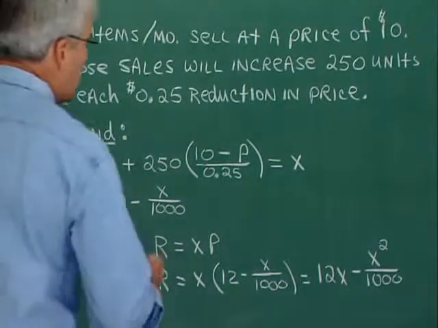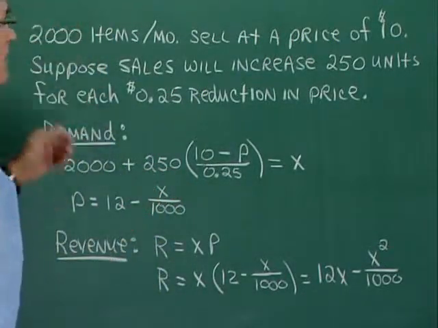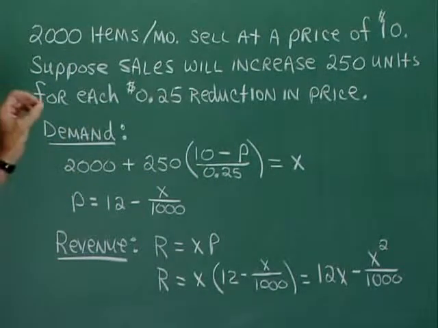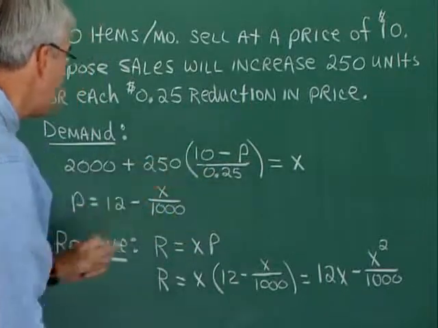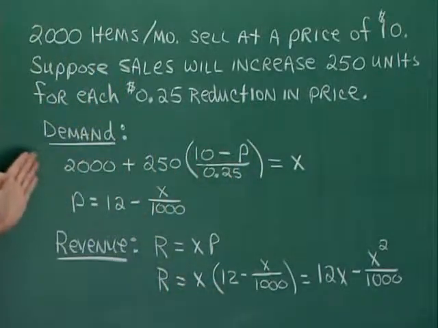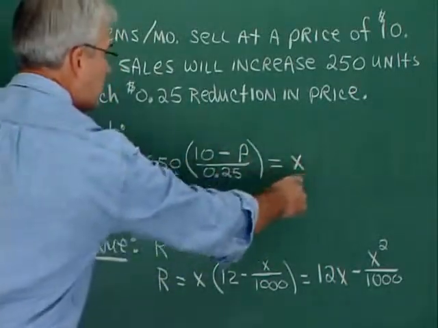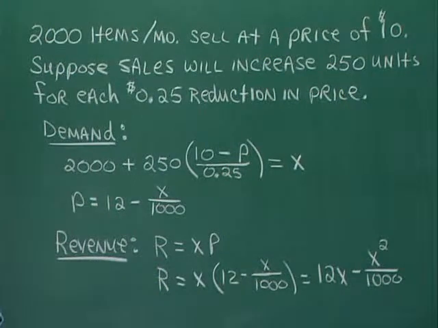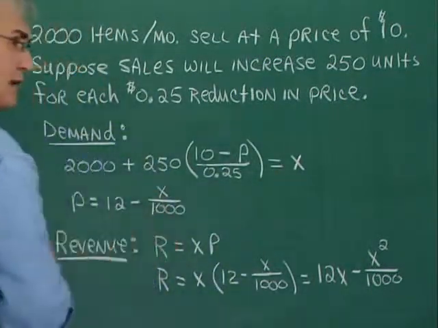Now, you may notice here something kind of peculiar: up at the top I said that the demand function is price in terms of an expression in X, but here we have X and some expression involving P. So we have to go through the process of taking this equation and solving it for P. Solve this for P and we have P equals 12 minus X over 1,000.